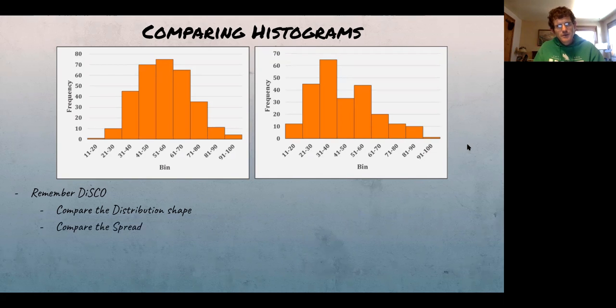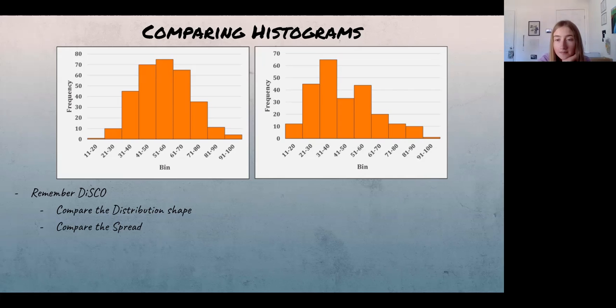We want to compare the spread. Now, we could talk about the approximate IQR, the approximate standard deviation, things like that. But knowing nothing about that right now, what would you use to describe the spread? The range. Very good.